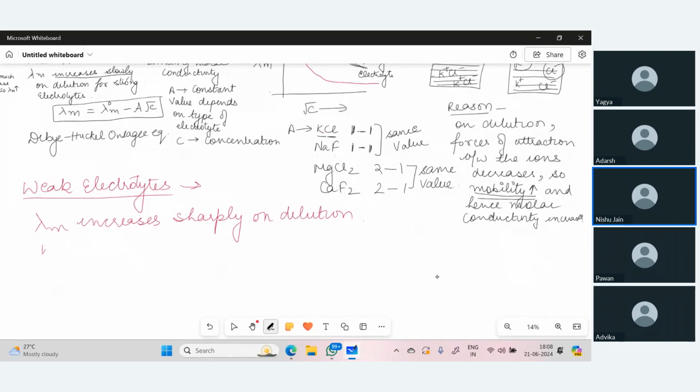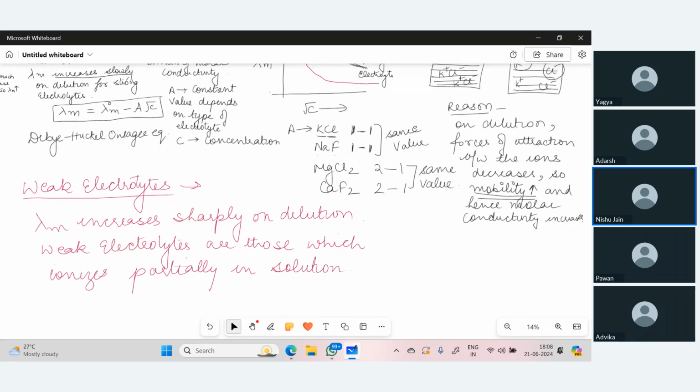So you can write the first definition. Weak electrolytes are those which ionize partially in solution, like acetic acid, ammonium hydroxide, all weak acids and bases.